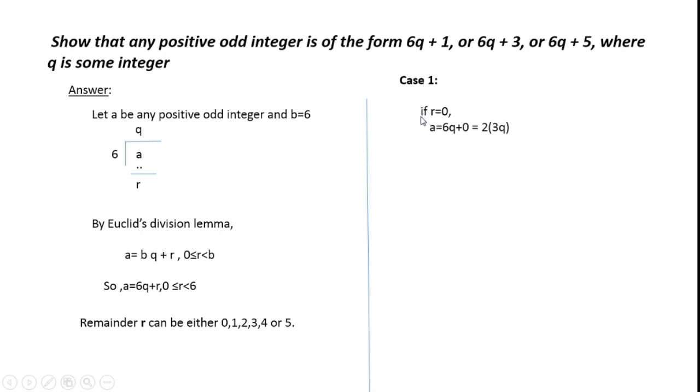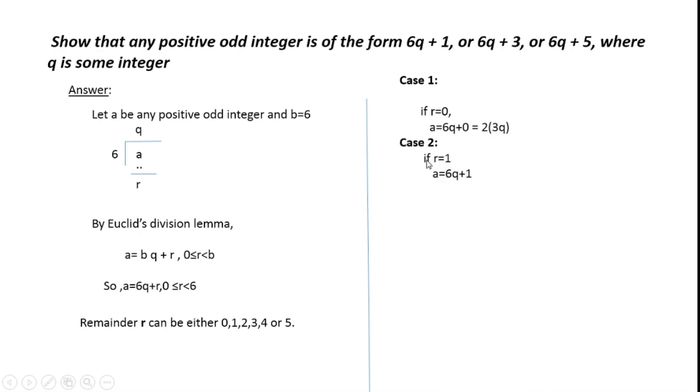The first case is if r equal to 0. If the remainder r equals 0, what can we write? a equals 6q plus 0. See here, a equals 6q plus r. Instead of r, we are giving the value 0. So a equals 6q plus 0. This we can write as 2 into 3q.